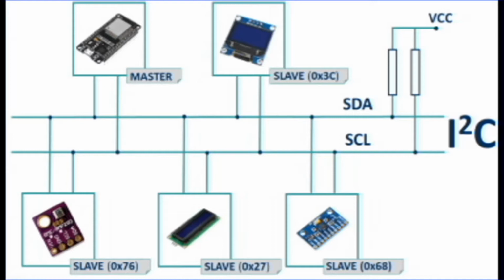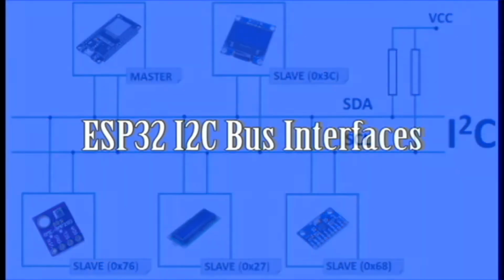Multiple masters controlling the same slave, for example, 2 ESP32 boards writing data to the same I2C OLED display. We use this protocol many times with the ESP32 to communicate with external devices like sensors and displays. In these cases, the ESP32 is the master chip and the external devices are the slaves.